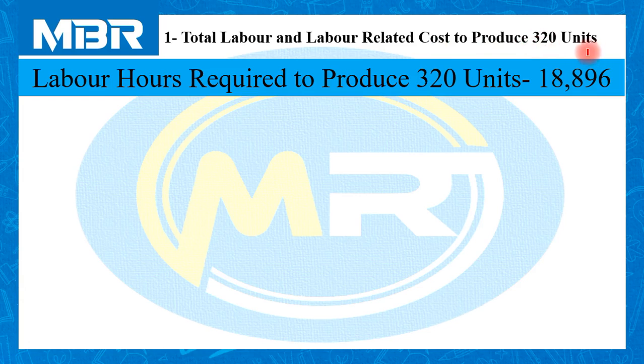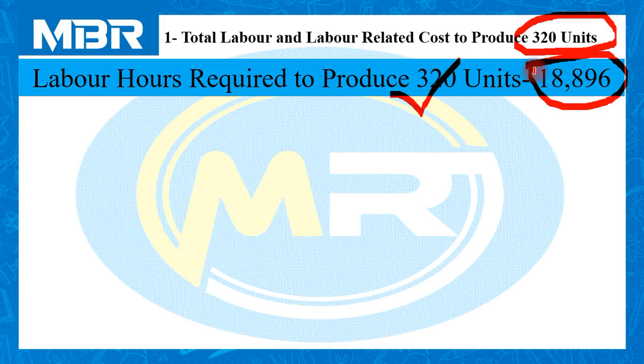For the calculation of these costs for 320 units, we need labor hours. Check the table of average time and total time taken. In that table, we have already completed the calculation of labor hours to produce 320 units.